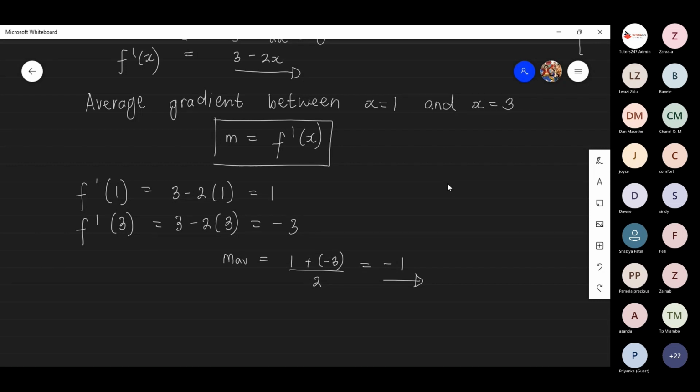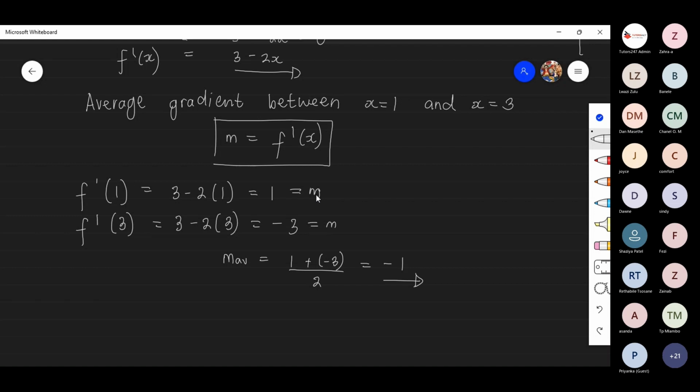I think we did it 3 times already, so hopefully you should be okay with that part. How to find the gradient at 1 point. All we do is substitute our value of x at that point into our derivative. That gives us the gradient at that point, right? So that is our gradient at that point.